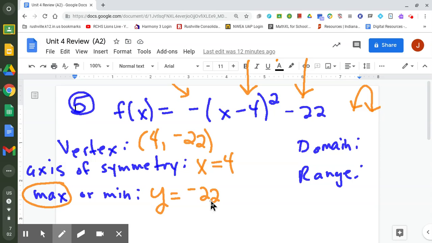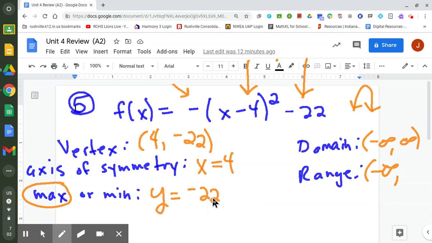The domain, this is just a rough sketch of what it looks like. Well, the domain of a parabola is always negative infinity to positive infinity. And the range is always the lowest y value, which, since this goes down forever, the lowest y value is negative infinity.